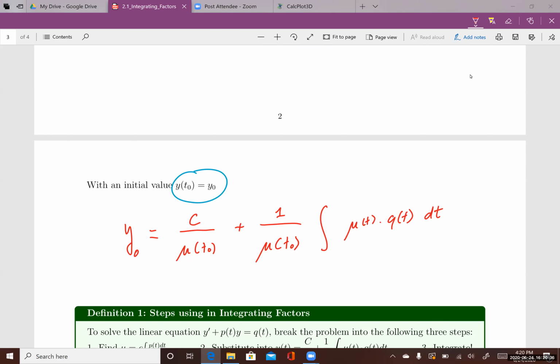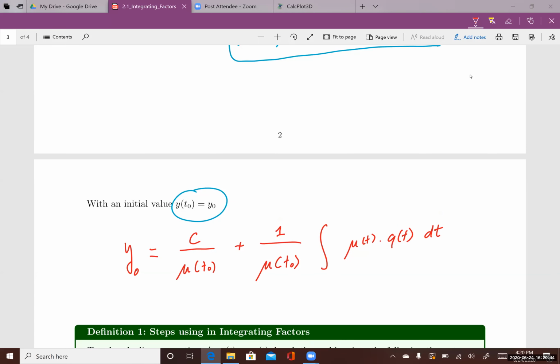But when you cannot find an elementary function for this integral, then you have to integrate from t0 up to t. This is the initial point, and you integrate from the initial point up to the function value at t.